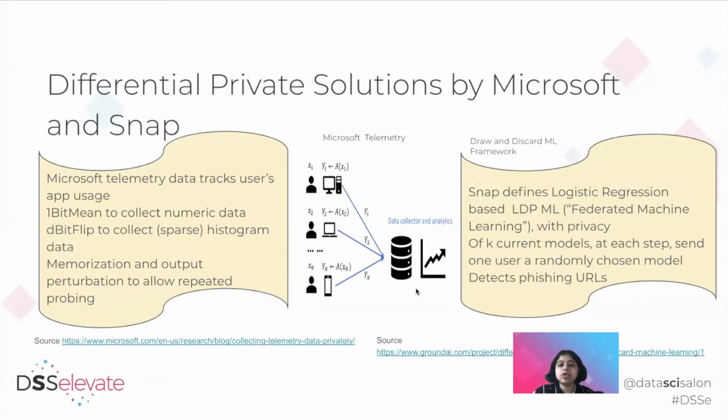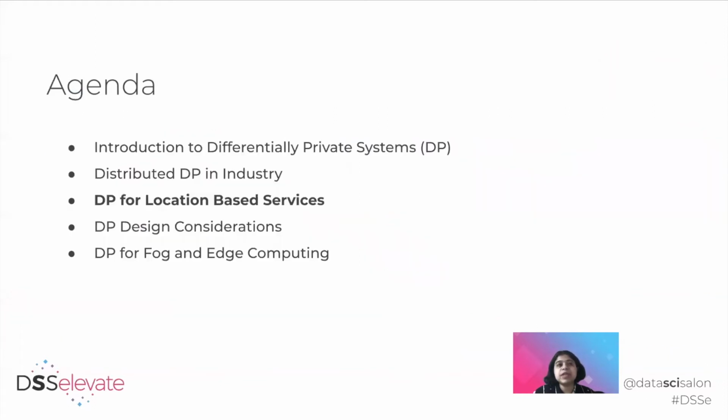Similarly, Snap has also used a local differential privacy-based network using federated machine learning, which mostly relies on a draw and discard ML framework mechanism, where data are collected from the clients and stored in a server, and the server selects one model of the current models available. So it's a kind of randomized model selection. And once the model is selected, it is discarded, and its aim is to detect phishing URLs. So we have seen such local differentially private solutions available.